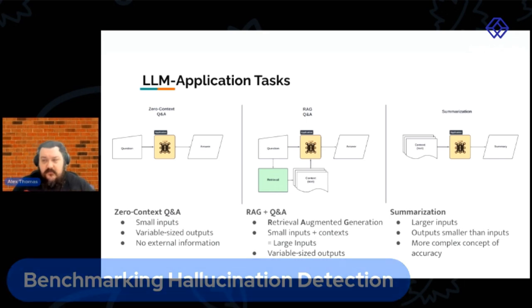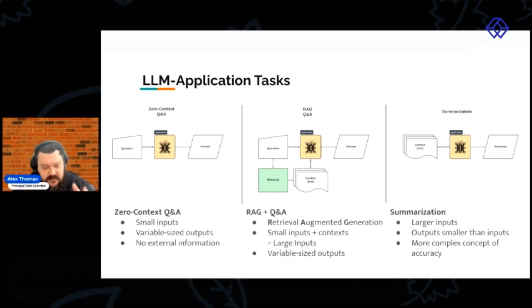For example, we start with zero context. That's just the very basic chatbot experience where the person's giving some sort of small input. Oftentimes we think of it as a question, but some sort of small input into an LLM, and it gets usually a small output back, but it could be variable size depending on what it is. And there's no external information.